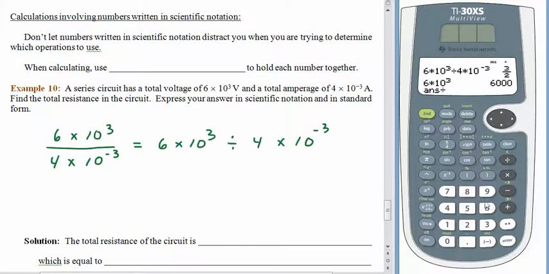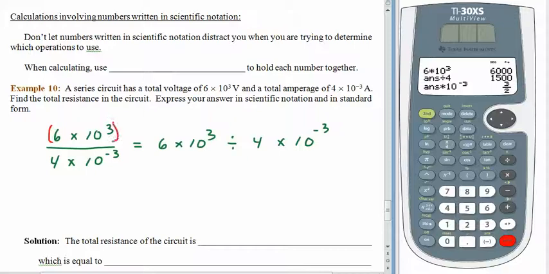And then if you divide by 4, we would get 1,500. And then if you multiply by 10 to the negative 3rd, that's where the 1.5 comes from. The problem is that we don't want to just divide by 4. This 4 is part of the denominator.